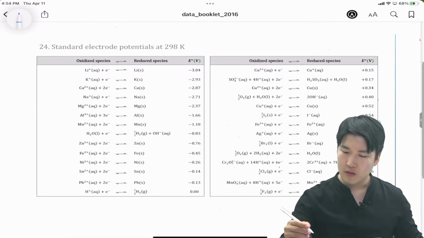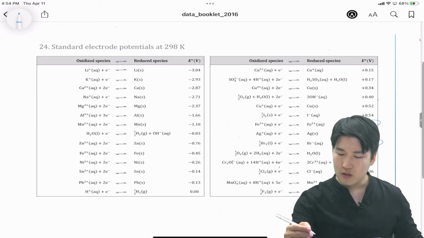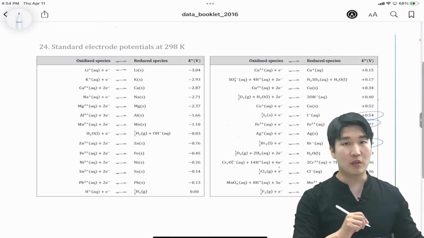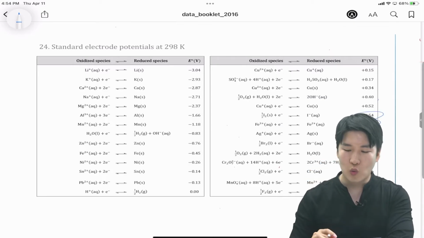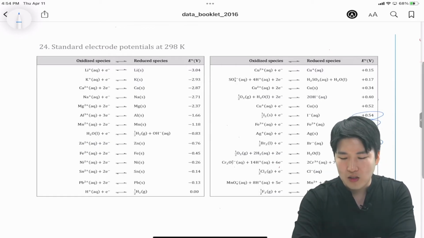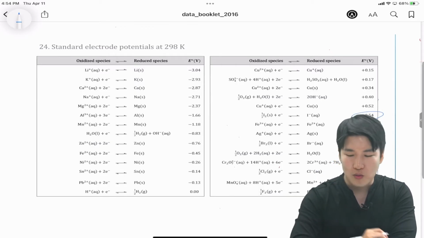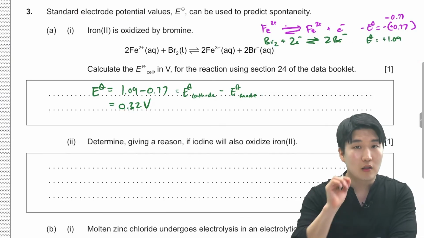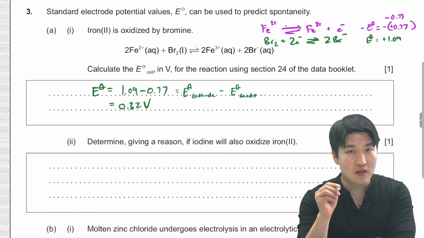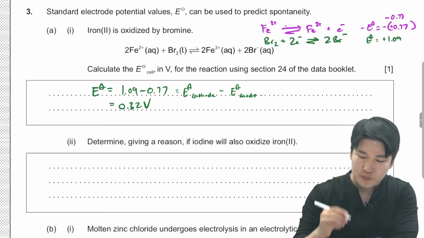But does it? Where is iron electric potential? We have just located iodine electric potential to be plus 0.54, which is less positive than iron electric potential. Meaning what? Meaning that iodine cannot oxidize iron.